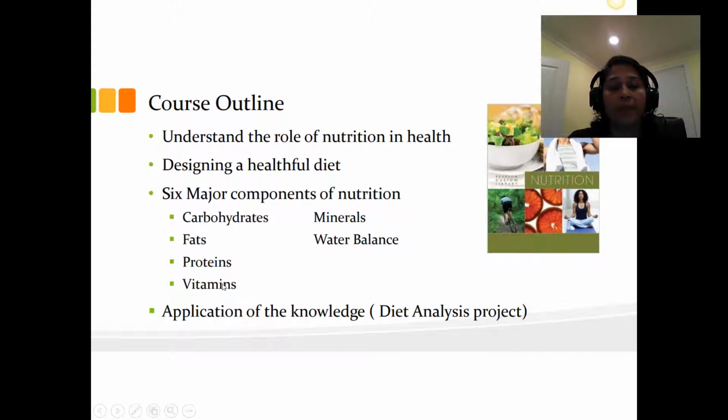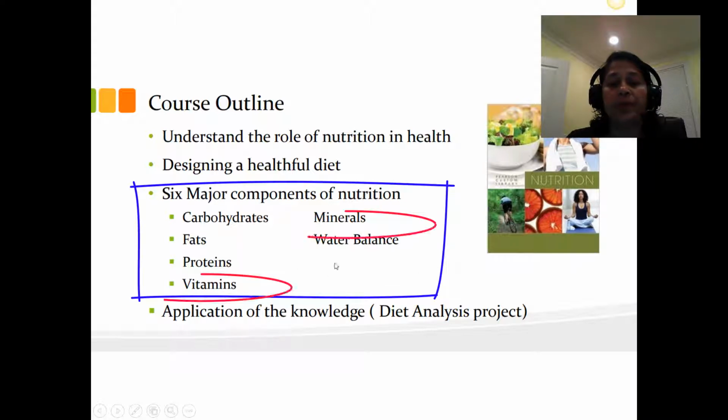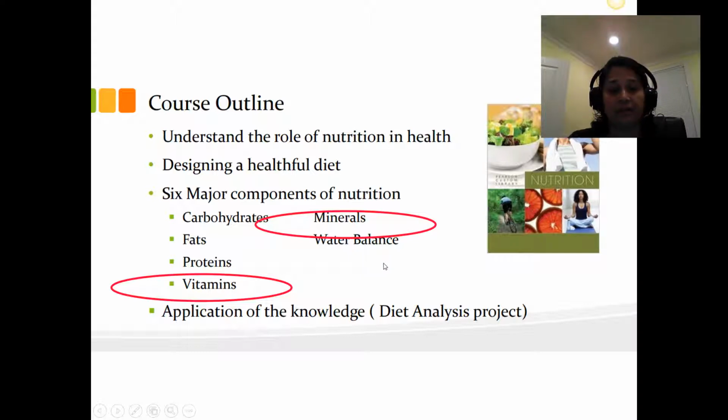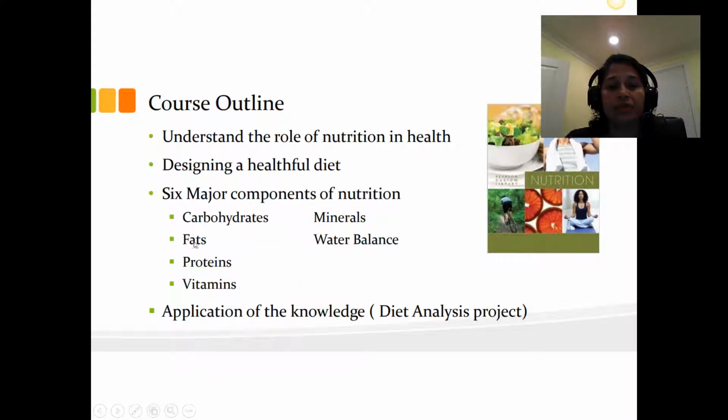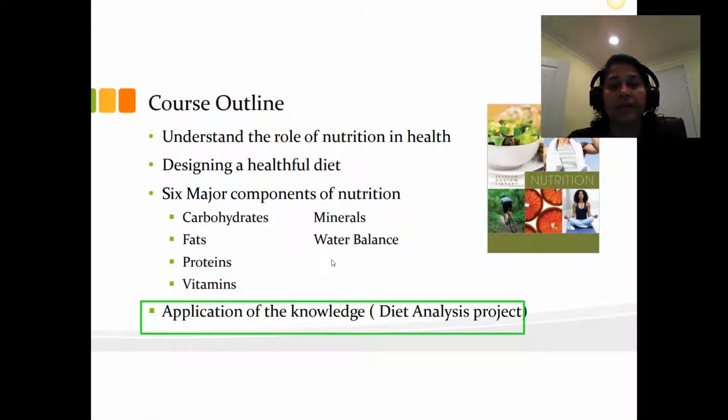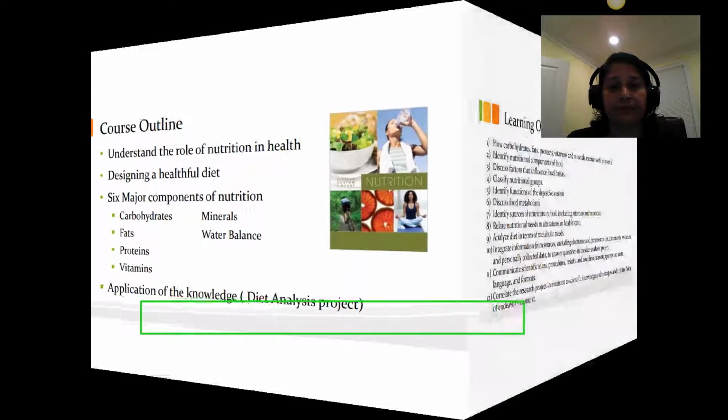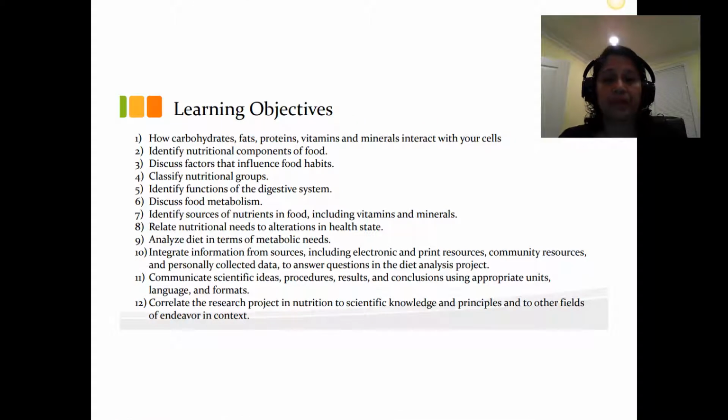And then what we call the micronutrients are vitamins and minerals, and the importance of maintaining water balance in our bodies. And we want you to be able to integrate all these components that are important to nutrition, the 6 major components, and apply it to your diet analysis project at the end of the course, or near the middle of the course where we have to actually turn it in.